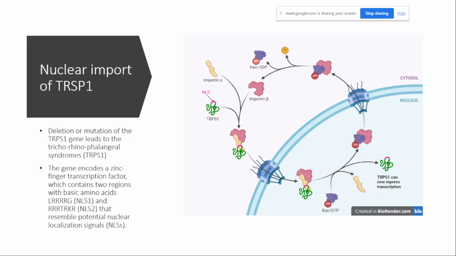I'm asking you, a protein does not have an NLS, but you are still getting the protein localized inside the nucleus. Is it possible, by any way? Think about it and tell me.